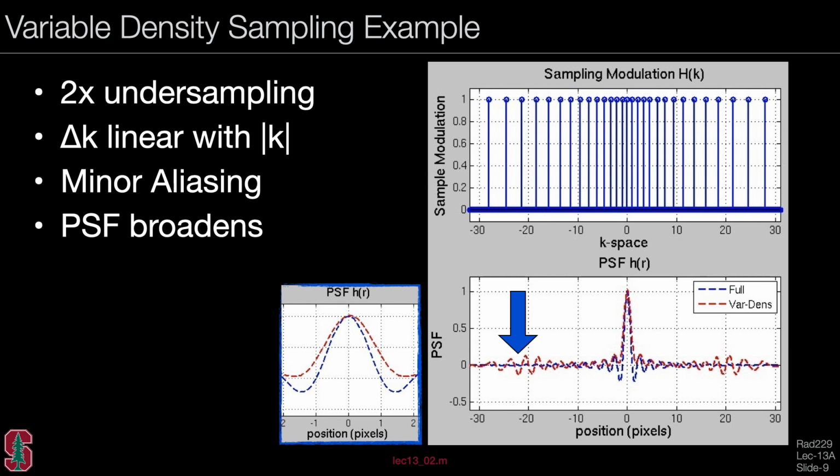And you can see in the bottom plot here that there is a signal, but it has a ringing appearance to it. It's essentially a high-pass filter. And so essentially you have aliasing of the high spatial frequencies, which makes intuitive sense because the outer K-space samples are spaced further apart.